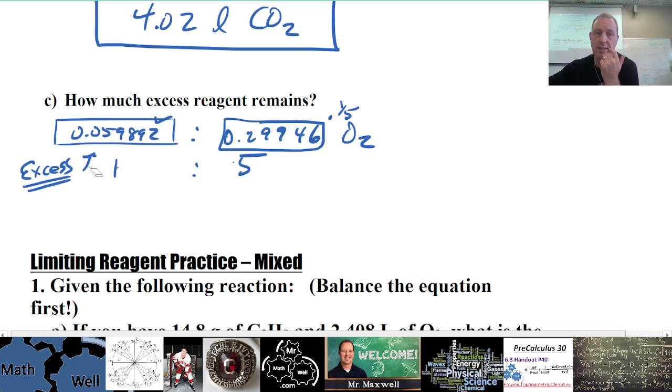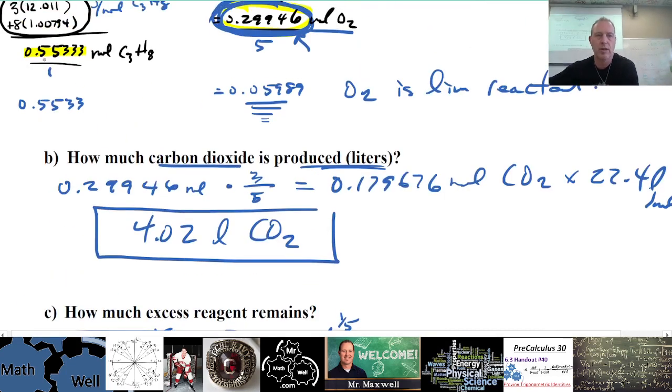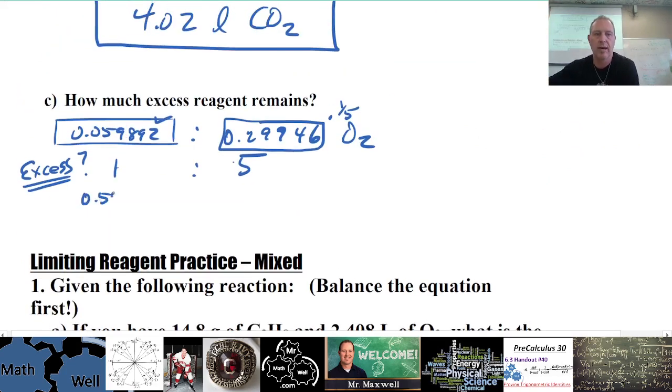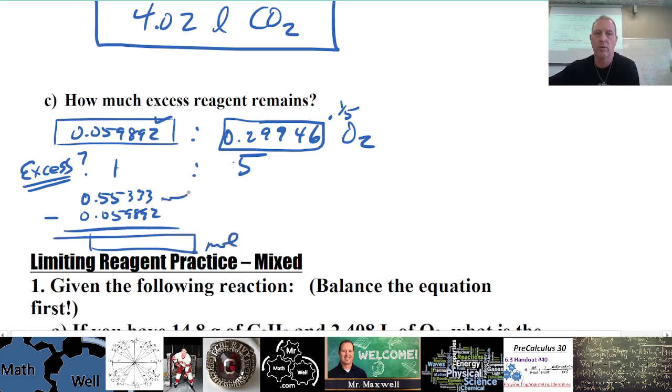Now, how much excess? Well, if I'm given in the question 0.55333, and I'm only using 0.059892, I simply subtract those two, and this will be the number of moles, remember this is moles, of excess reagent.